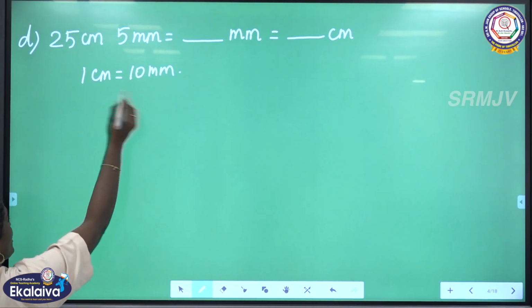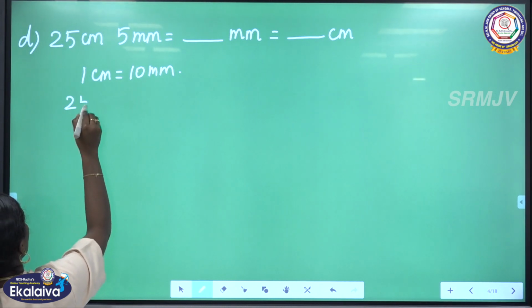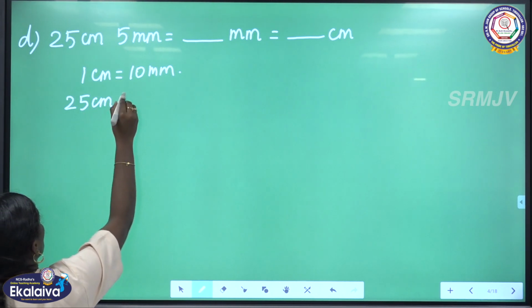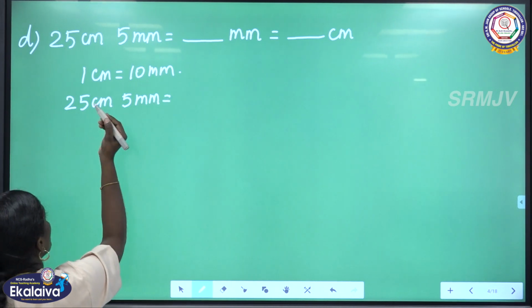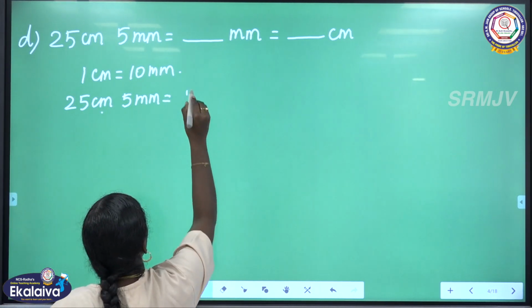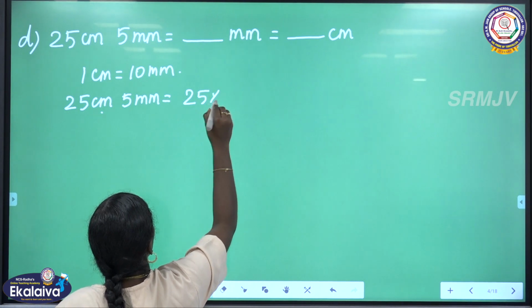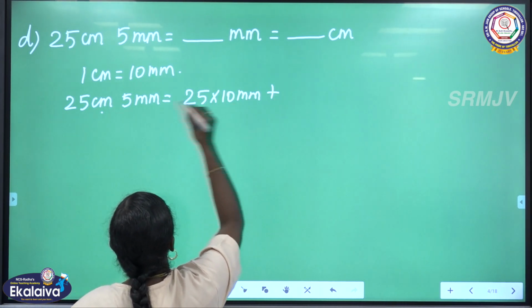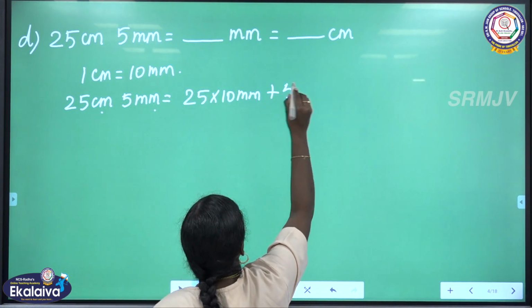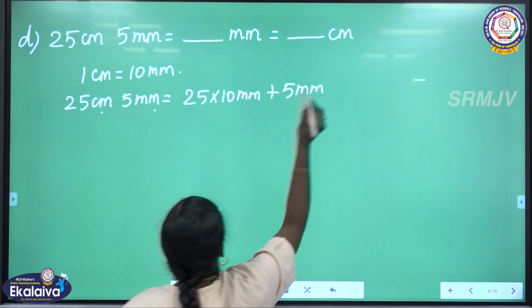Here greater unit to smaller unit, so multiplication. 25 centimeter 5 millimeter, we are going to convert 25 centimeter to millimeter, so we use multiplication, 25 into 10 millimeter plus the 5 millimeter already there.